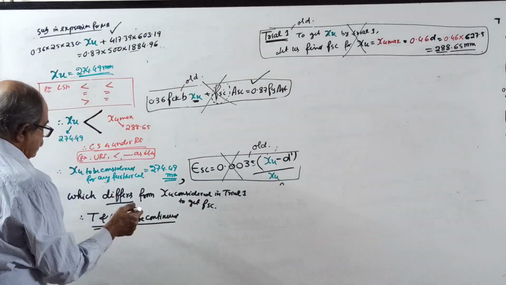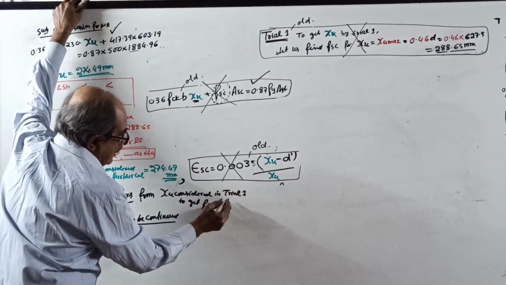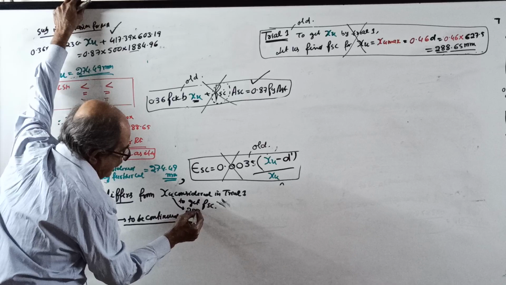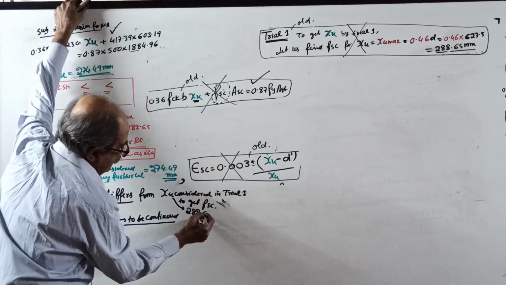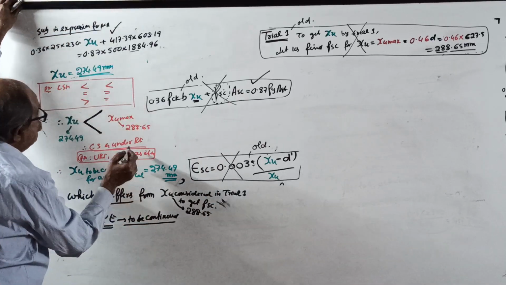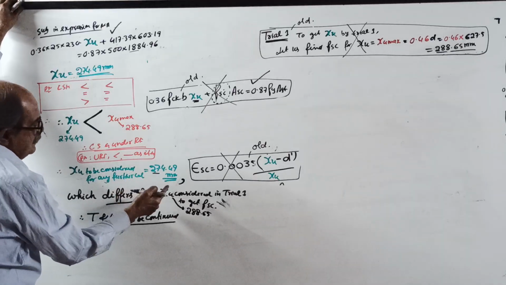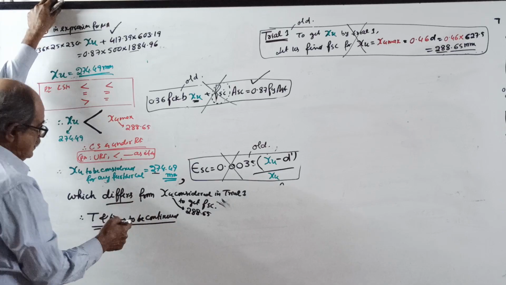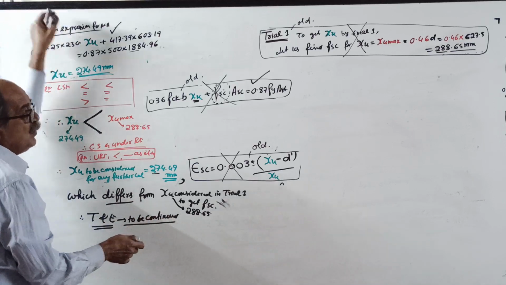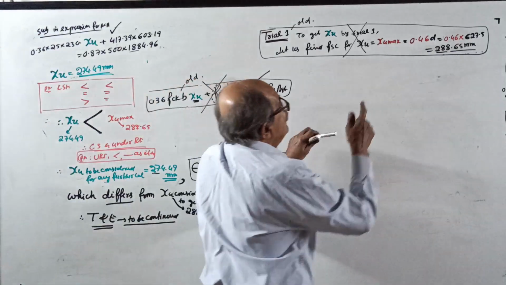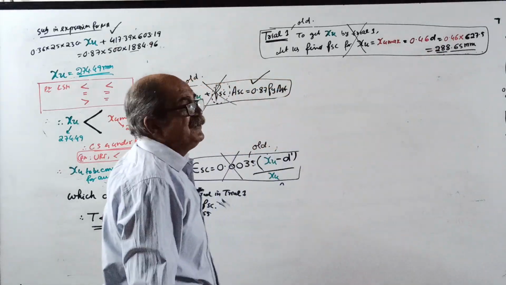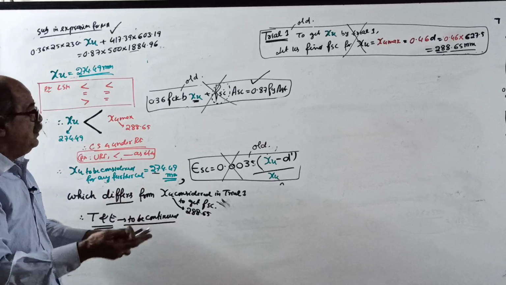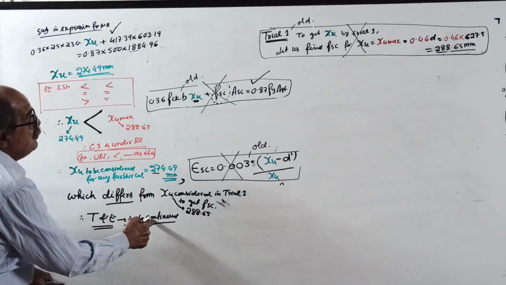But now you got 274, and for this 274 you will not get the same Fsc. Simple language: starting Xu 288.65 changed to 274. That means trial and error is to be continued.